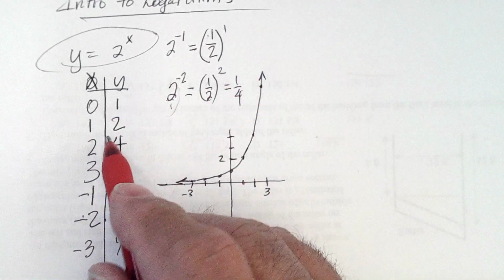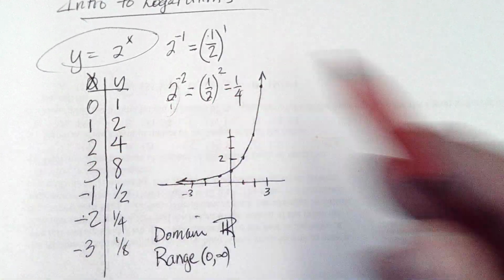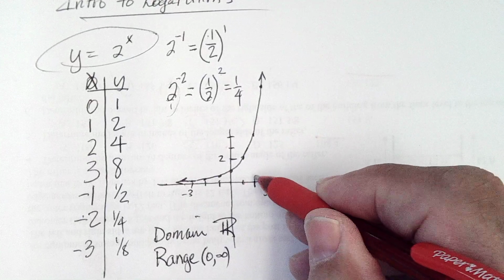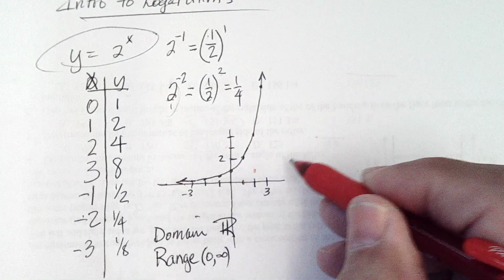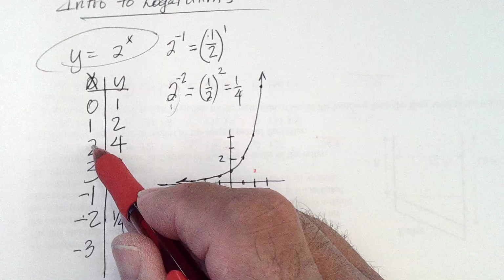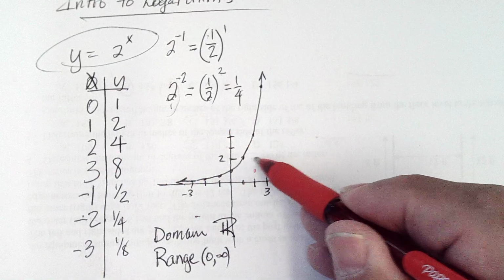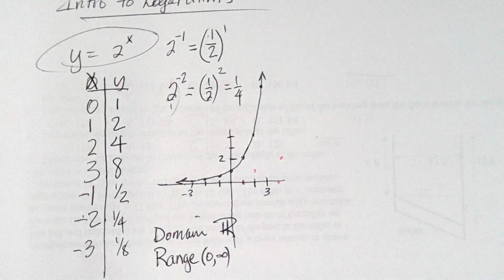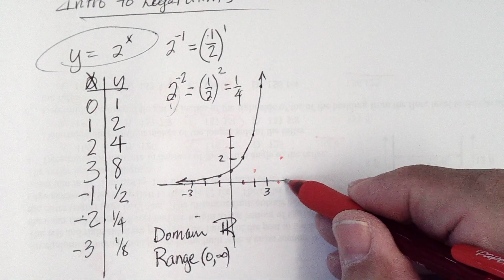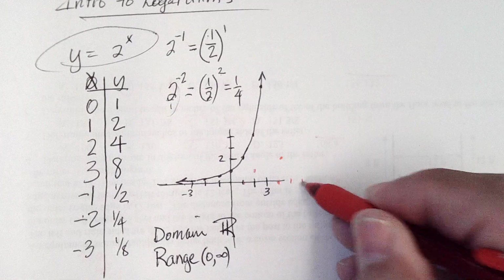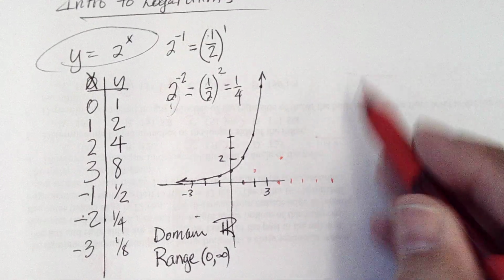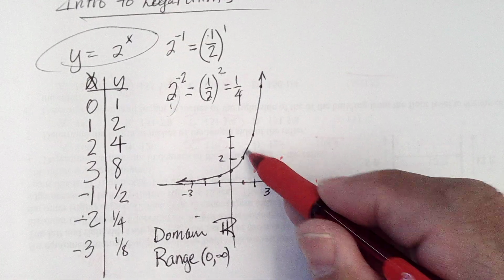I'm doing it the other way around. 2 for the x, 1 for the y. 4 for the x, 2 for the y. And 8 for the x, 3 for the y.